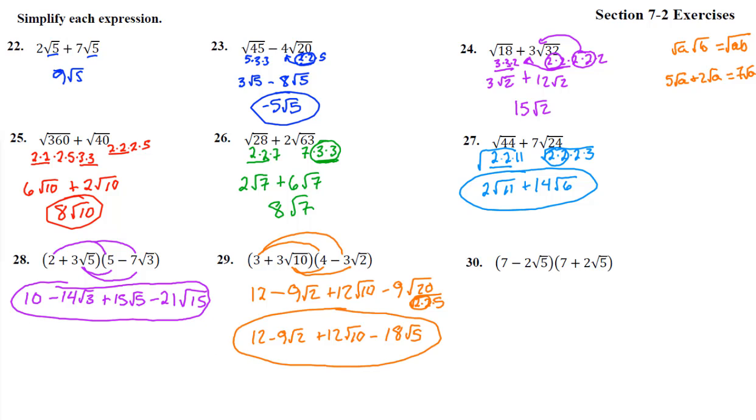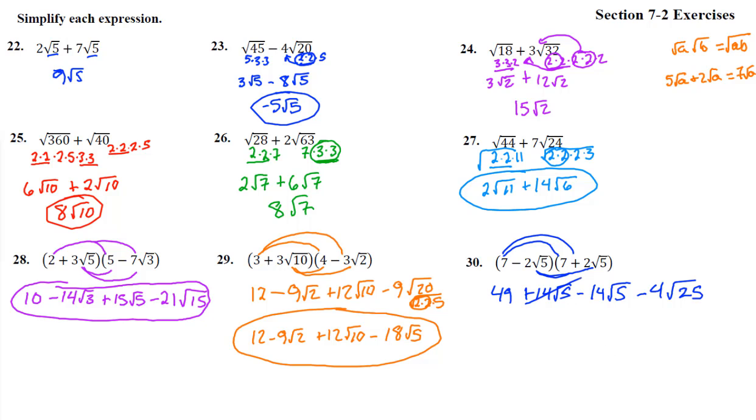All right, and the last one, number 30. 7 times 7, 49, plus 14 square roots of 5, minus 14 square roots of 5, and then minus 4 square roots of 25.